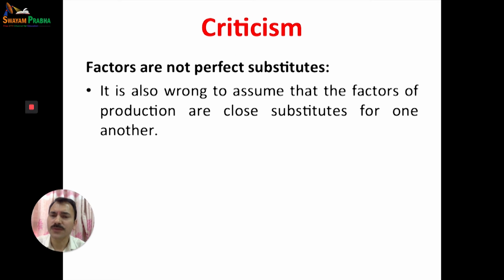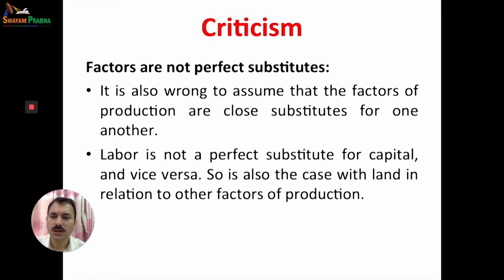Factors of production cannot be perfectly substituted. How can you substitute one factor of production with another? It's not possible. It's also a wrong assumption that factors of production are close substitutes for one another. You cannot always substitute one factor with another. Labor is not a perfect substitute for capital.